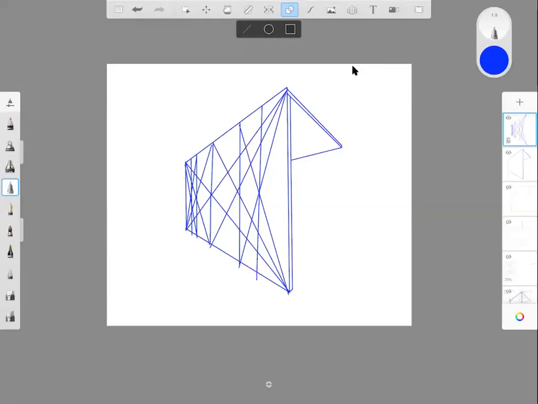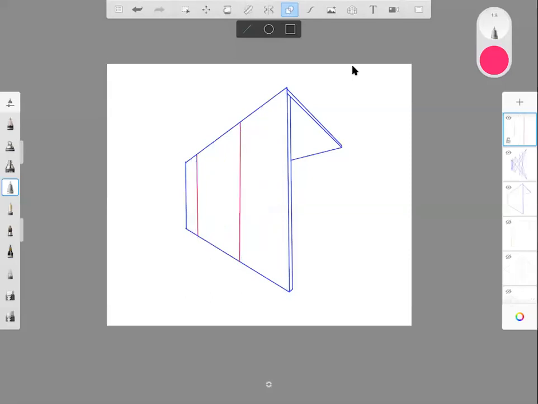Okay, so now we could say 1, 2. I think the middle one is too wide, no?